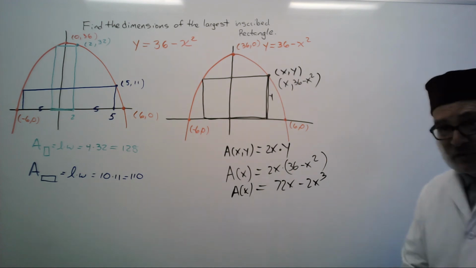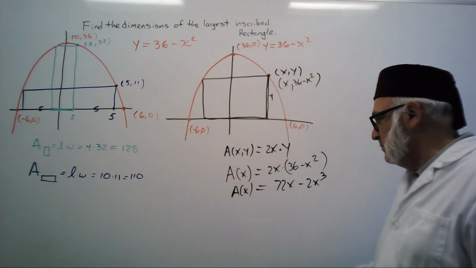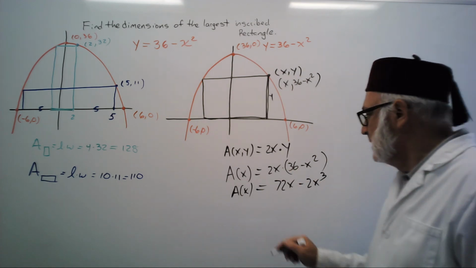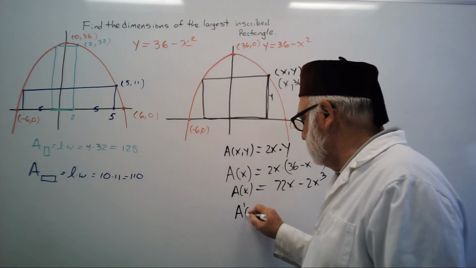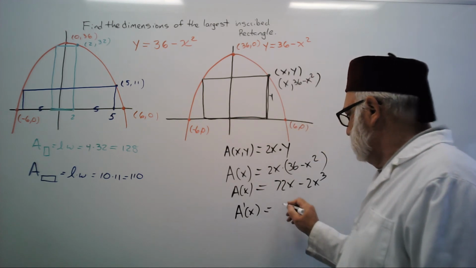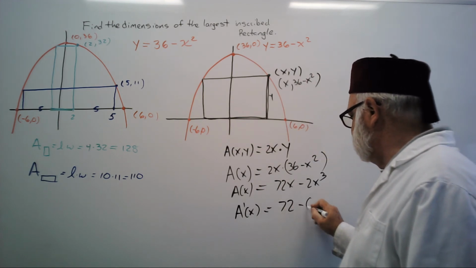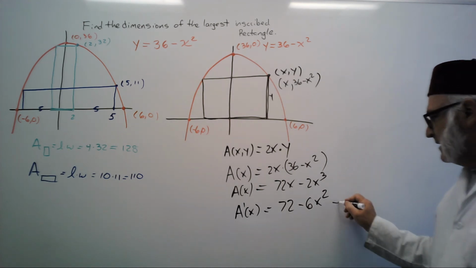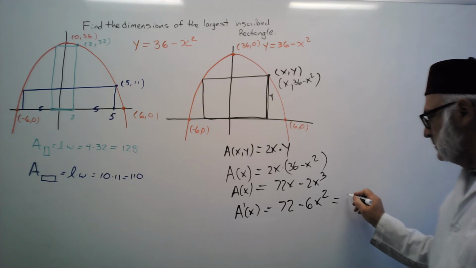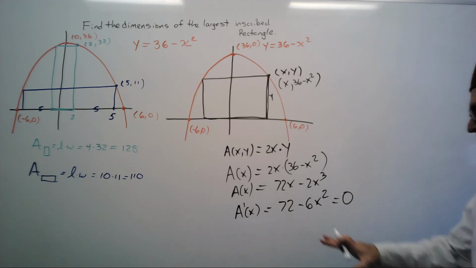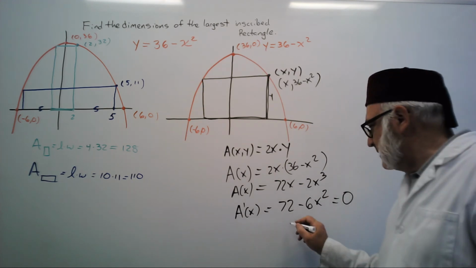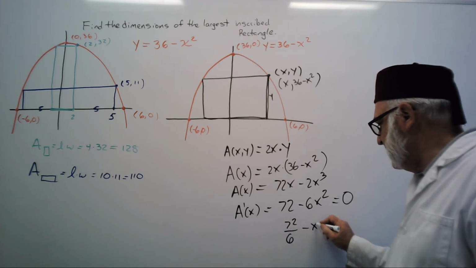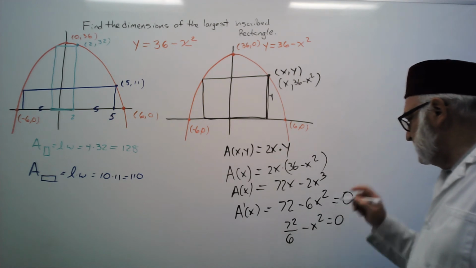In order to find the maximum or the minimum of the area function, you take the derivative and set it to 0, which makes the derivative of the area function 72 minus 6x squared. If we set this to 0 and divide through by 6, you get 72 over 6 minus x squared equals 0.